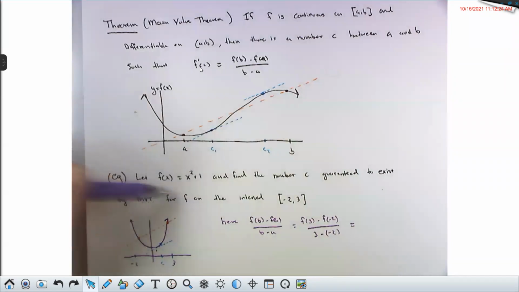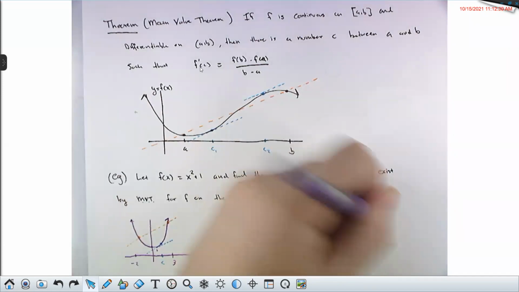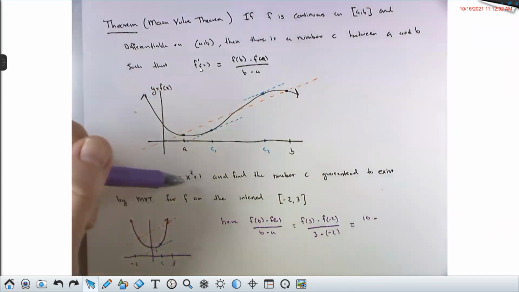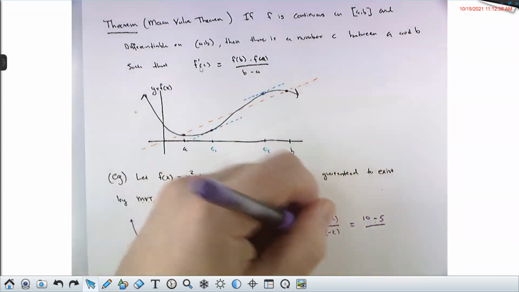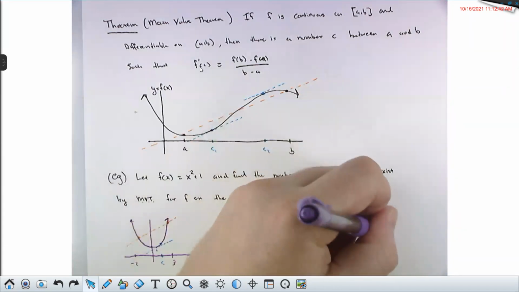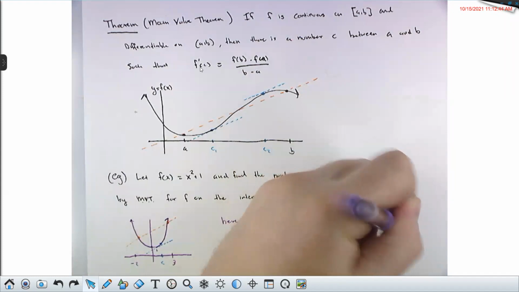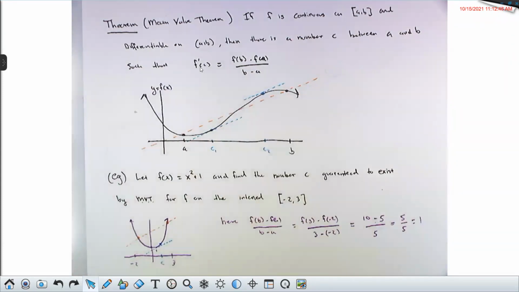F of 3 is what you get when you plug 3 in here. So that's 3 squared plus 1, which is 9 plus 1, is 10. Minus f of -2, which is -2 squared plus 1, is 4 plus 1 is 5. And then 3 minus -2 is 3 plus 2 is 5. Oh, this is interesting. So this is 5 over 5, which is 1. That wasn't planned, but it worked out nicely.